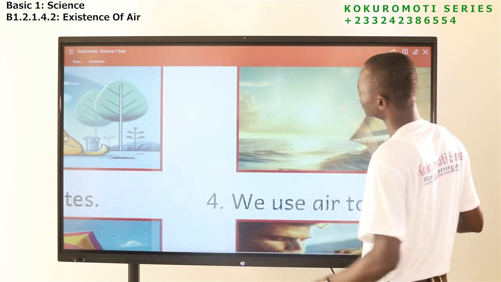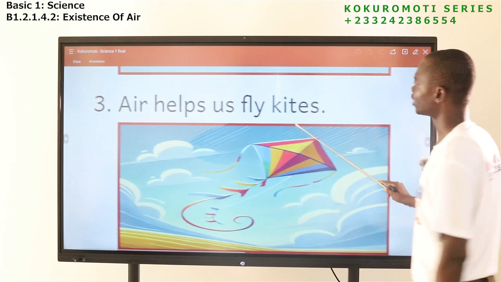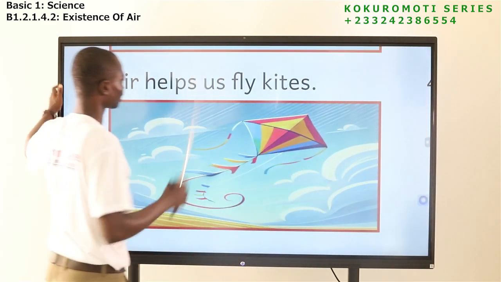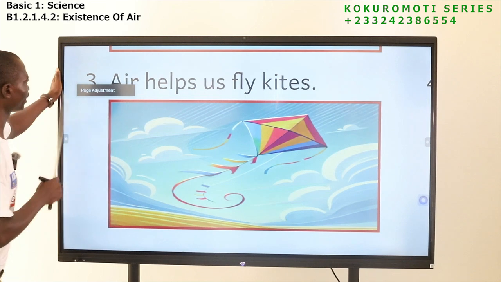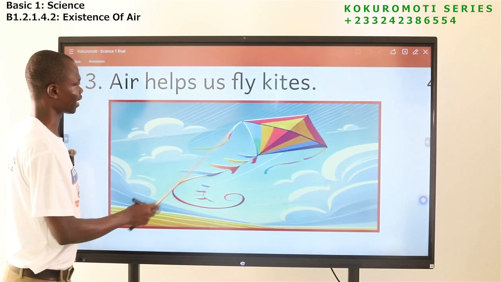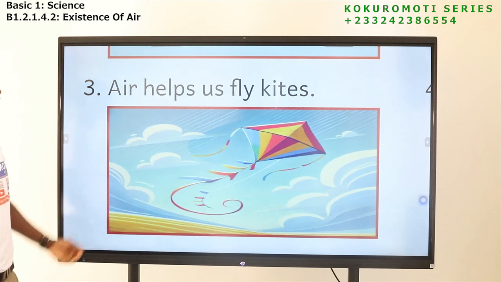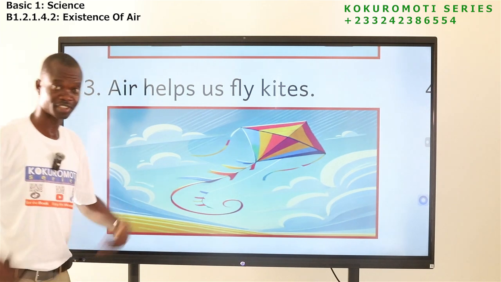Okay. Now let's come to this side. Number 3. Air helps us to what? Fly kites. So these are kites, or this is a kite. We use air to what? To fly it.